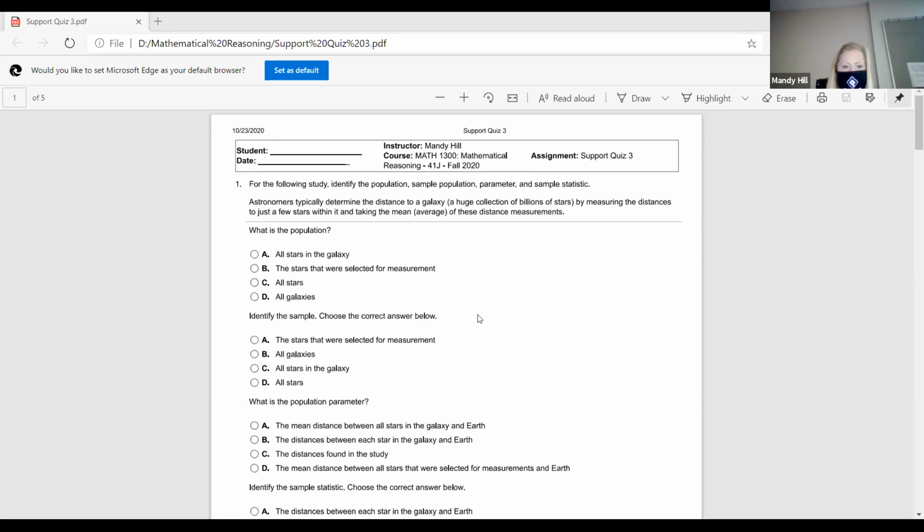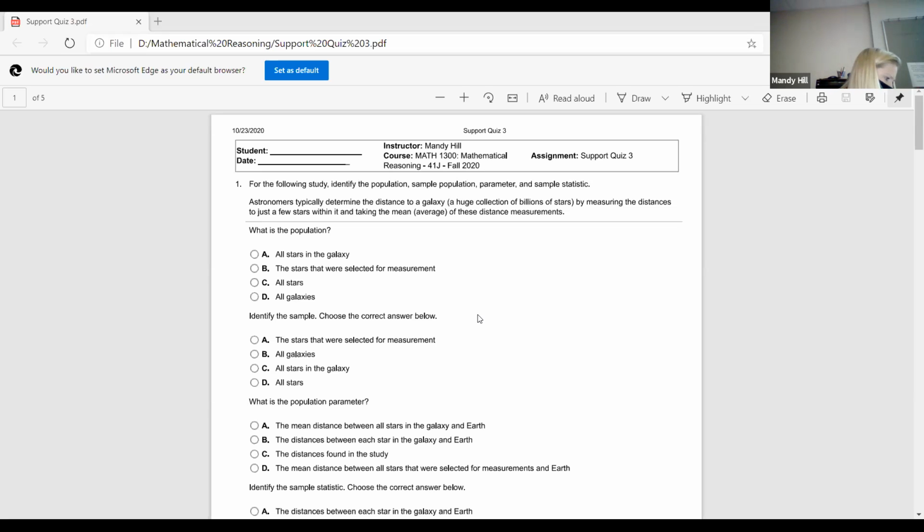It says astronomers typically determine the distance to a galaxy, a huge collection of billions of stars, by measuring the distances to just a few stars within it, taking the mean, which is just a fancy way of saying the average of these distance measurements.